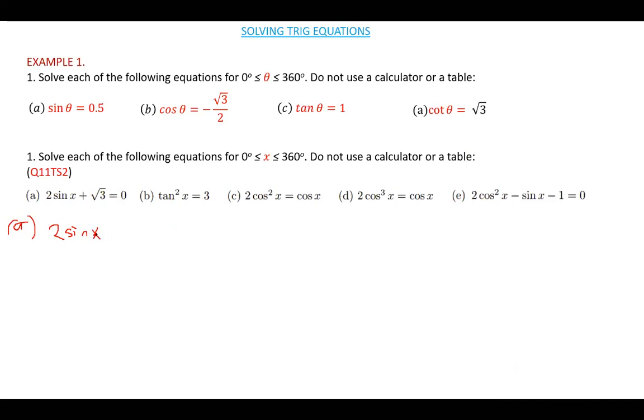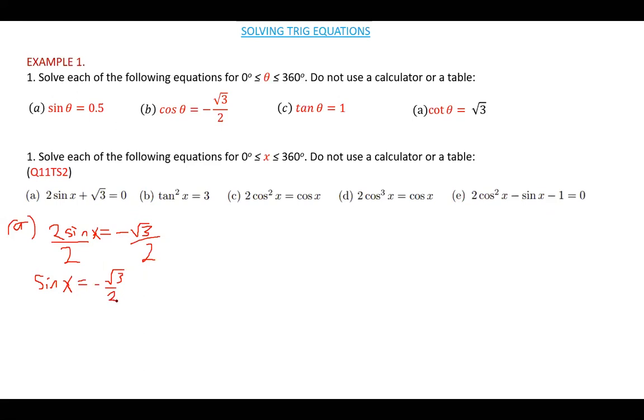So 2 sine x is equal to negative root 3. Then after that, you divide both sides by 2. And then you have your sine x to be equal to negative root 3 over 2.